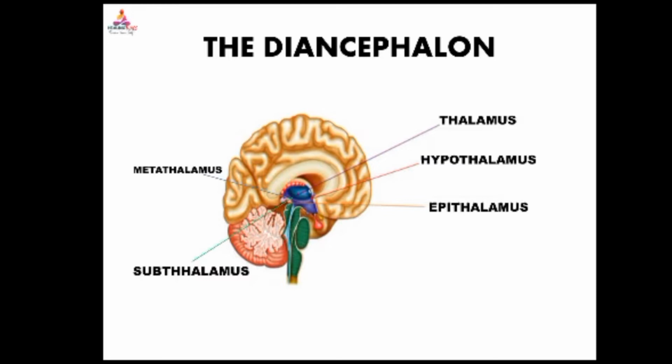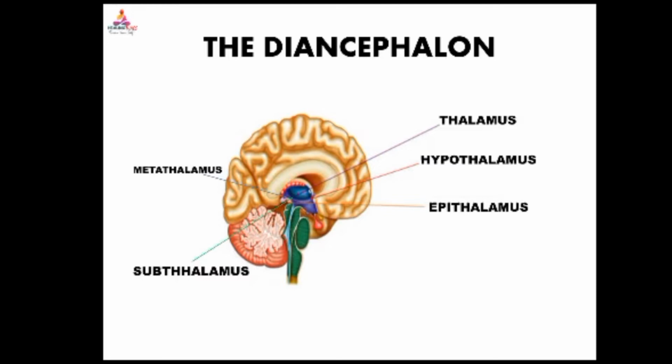First part is the thalamus. The two thalami form by far the largest mass of the diencephalon and are separated from each other by the cavity of the third ventricle and joined with each other by an interthalamic adhesion.